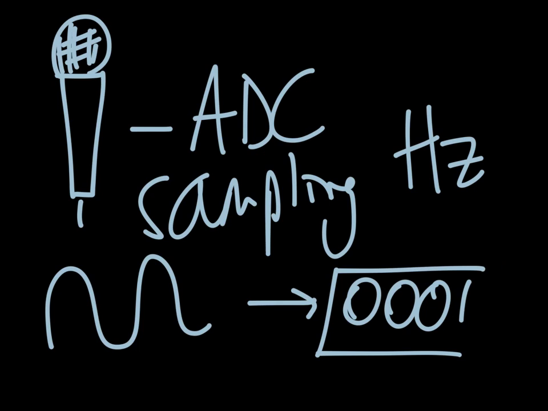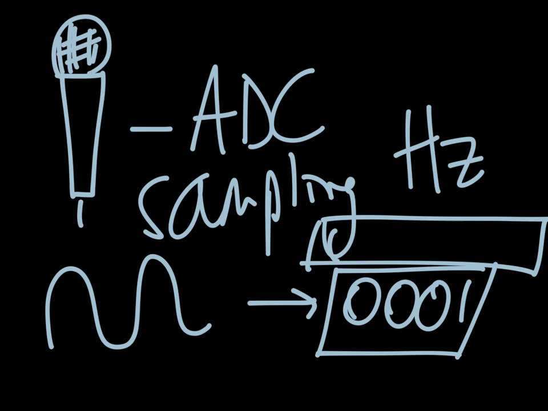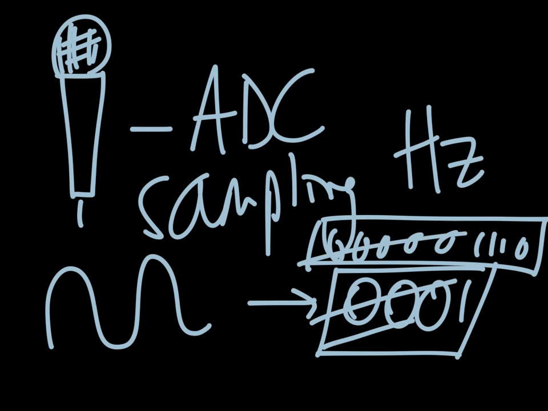Now, if we only had 4 bits for our sample depth, then we couldn't store a lot of information about each recording, whereas if we increase that sample depth, we could be a lot more accurate with the digital representation of that sample. And obviously, with 8 bits versus 4 bits, it's going to take a lot more memory to store each sample, therefore the sound file will be a greater file size. But the trade-off is that the sound quality is better, which is another question we're going to get asked.